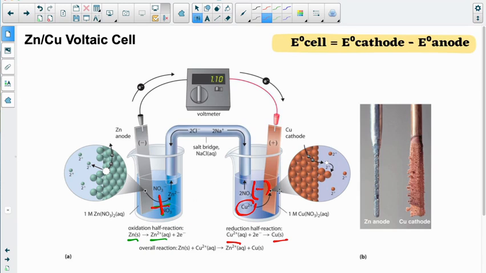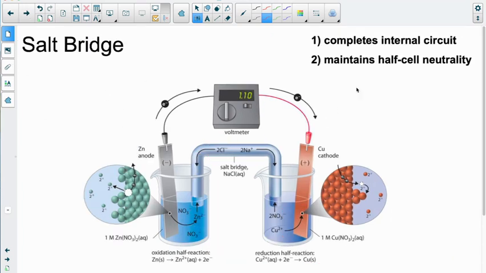Now, that has to be maintained neutral for this voltaic cell to continue. That's why the chloride ions come this way, and they tend to neutralize the positive charge here, and the cations will go there to neutralize this. But the movement of the ions is what completes this circuit. So, the salt bridge completes the internal circuit, and it maintains half cell neutrality. If you were given a question with 1 point, this is the answer that I would give. It completes the internal circuit.